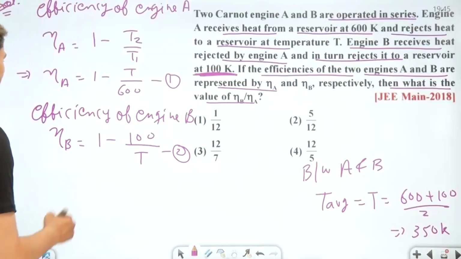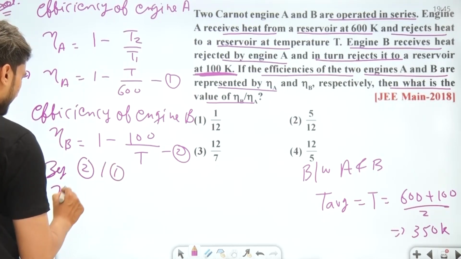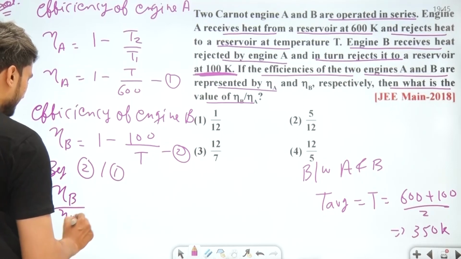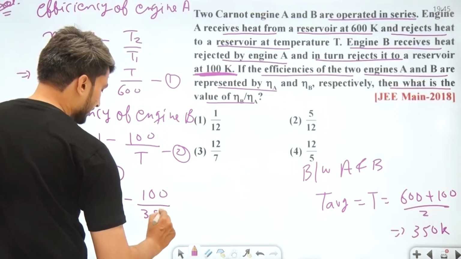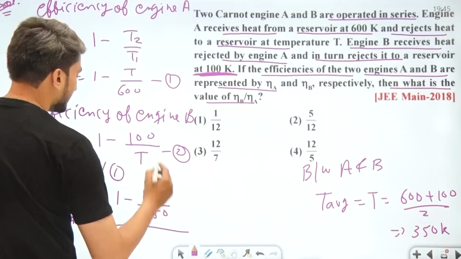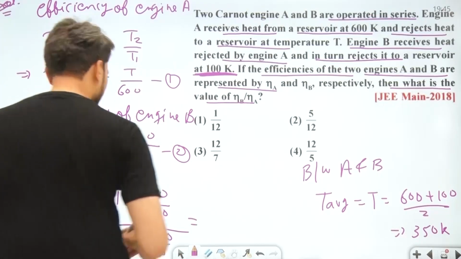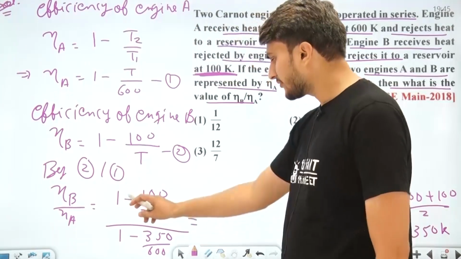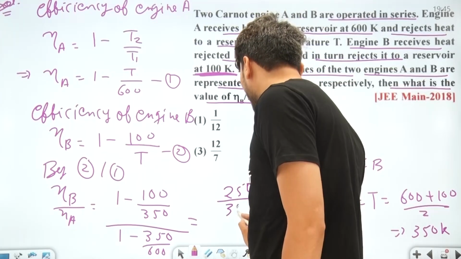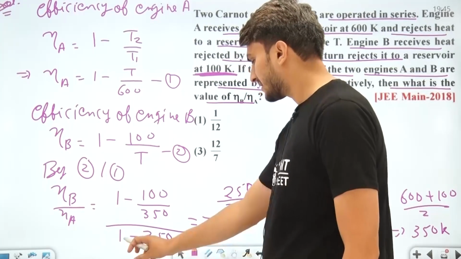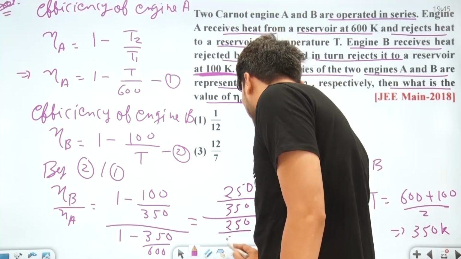So eta B by eta A is calculated as 1 minus 100 divided by 350, divided by 1 minus 350 divided by 600. Now we solve that. This is 350 minus 100, that means 250 divided by 350, divided by 600 minus 350, that means 250 divided by 600.